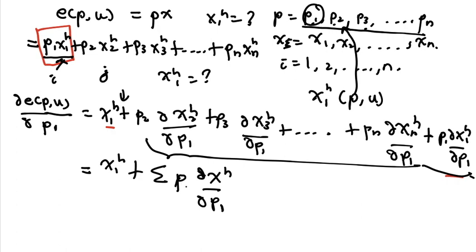The sum over other prices times delta xhj over delta P1. J here refers to other goods than x1h, not including delta x1h, because we want to see this. You get what I mean here? Instead of writing one by one like this, I have summarized it in the form of summation.